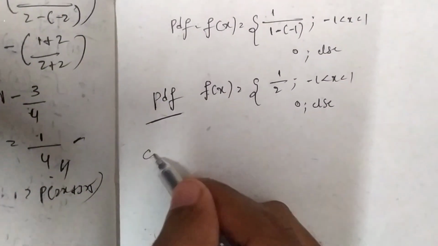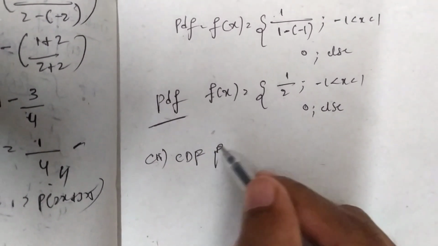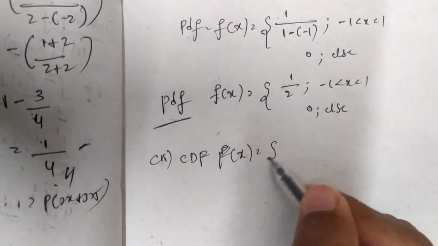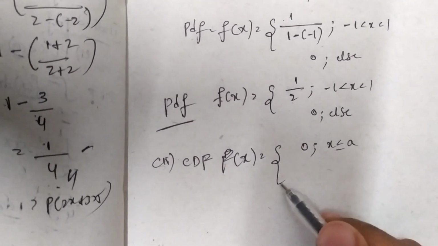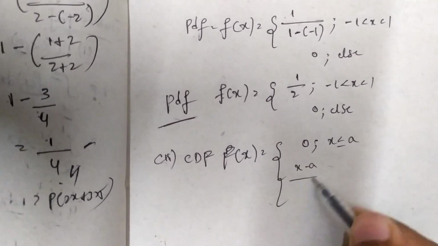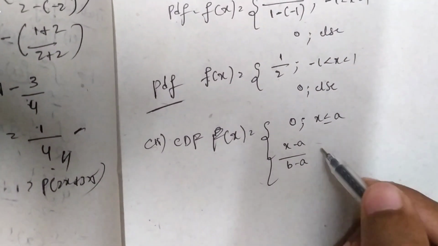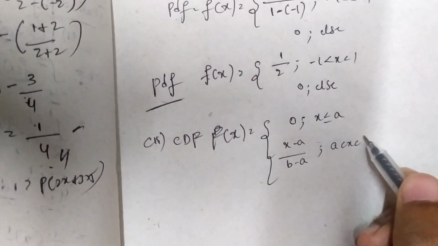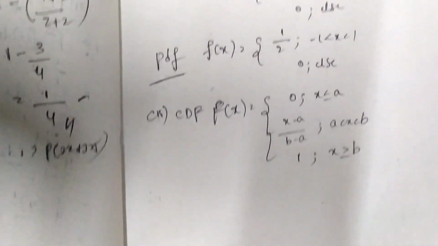The second one is we have to find the cumulative distribution function, which is indicated by capital F of x. The function is 0 for x less than or equal to a, x minus a by b minus a for a less than x less than b, and 1 for x greater than or equal to b.